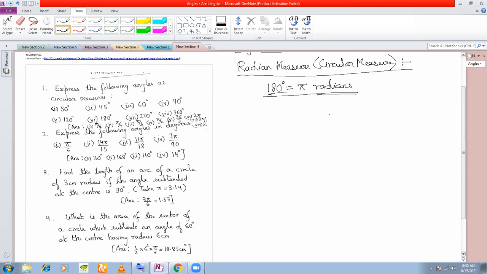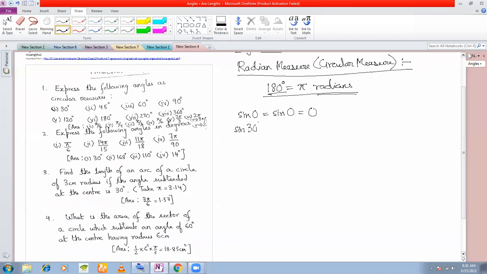Now, from now on, if you remember, you had done your tables in class 9, where you memorized the values of sine 0, sine 30, cos 60 and all that. Now you will memorize the same values in radian measure. For example, sine 0 is sine 0 in radian also, which is 0.